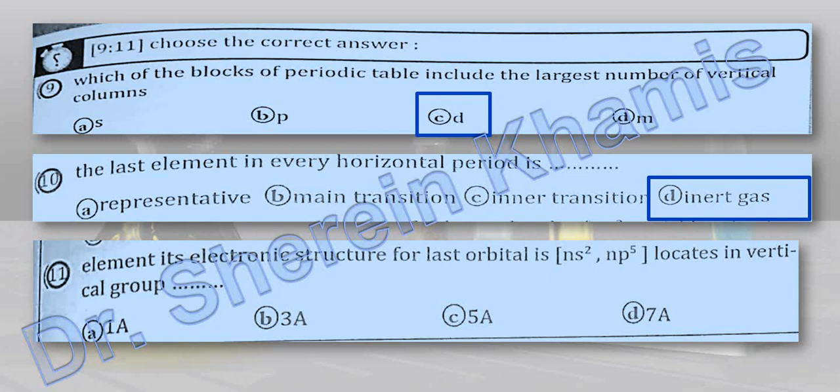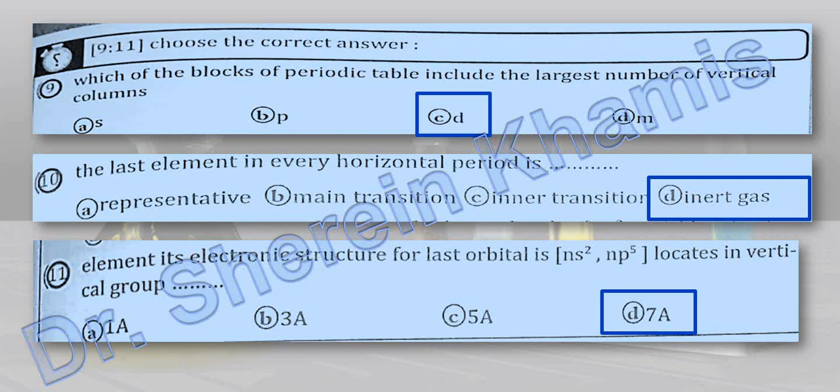The element whose electronic structure for the last orbital is ns2 np5 is located in which vertical group? According to this, we have 5 electrons in the p orbital and 2 in s, so we are going to be in group 7A.